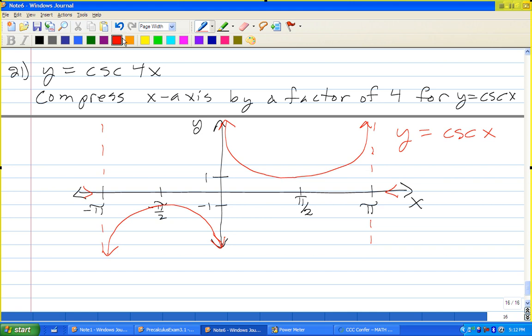Okay, so now this is going to be pi over 4, so pi over 4, 3 pi over 4. Okay, so it's going to really look squashed.